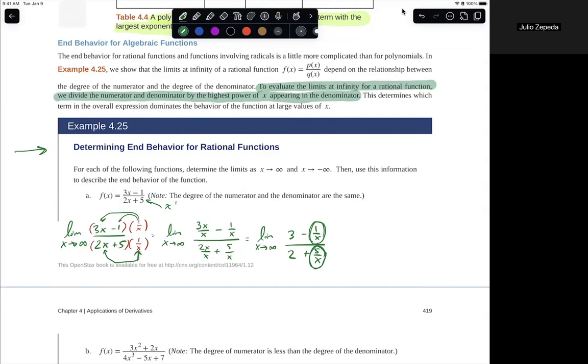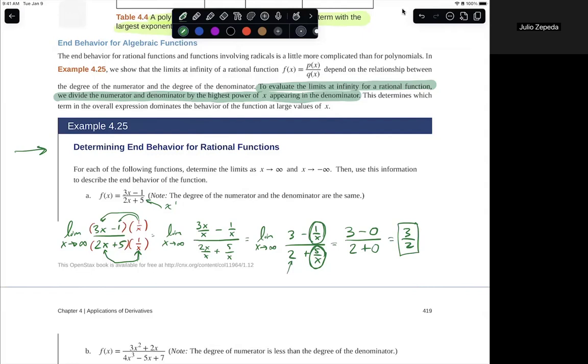When we divide by x, this term is going to be 2, so its limit is 2 in the denominator. And so our limit ends up being 3 minus 0 over 2 plus 0, which is just 3 over 2. That's very nice, quite simple.